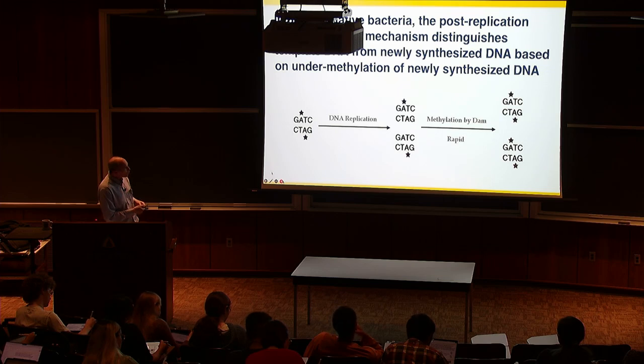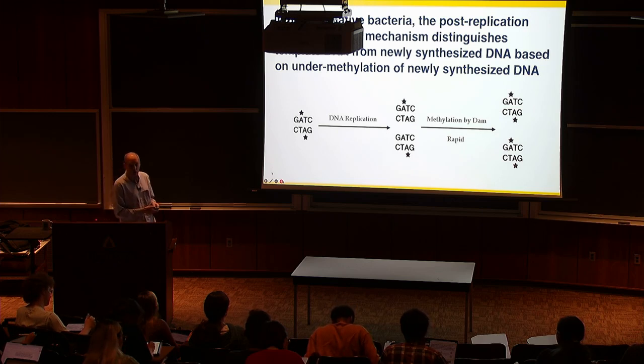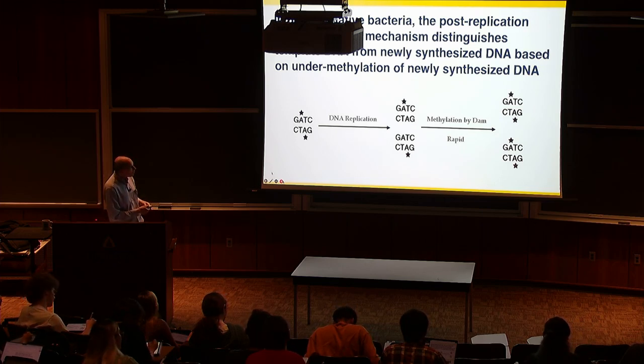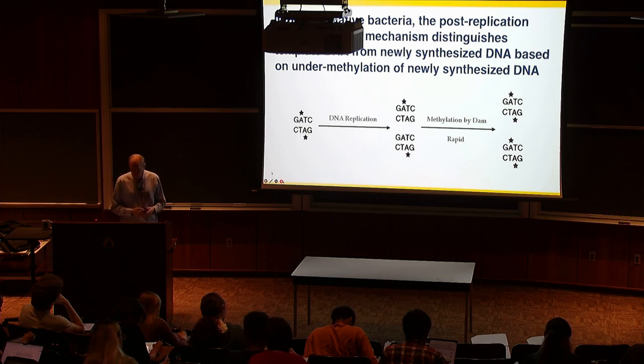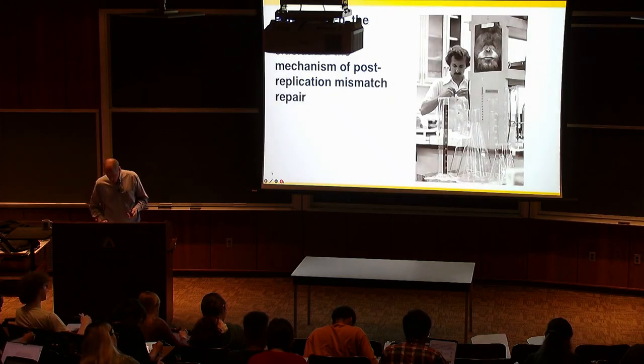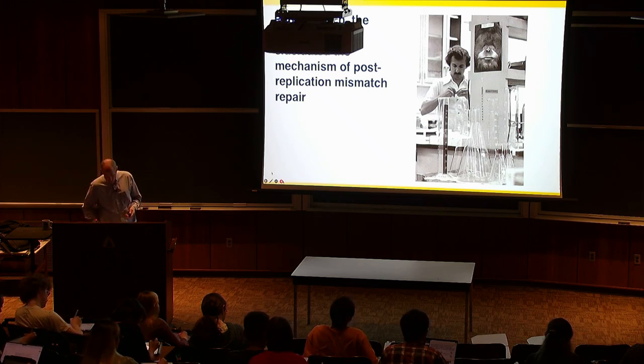But during that short time interval, there's an opportunity for this fail-safe mechanism to look for mismatches, and using the fact that the old strand has the methyl group and the new strand doesn't, know which strand is the mistake, that is the new synthesis, and which is presumably the correct one, the old one. Okay, and here's Paul Modrich, who discovered this system at his lab in Duke University.